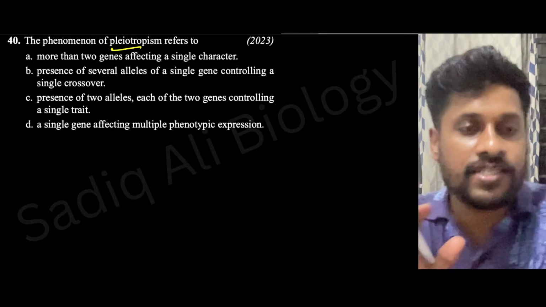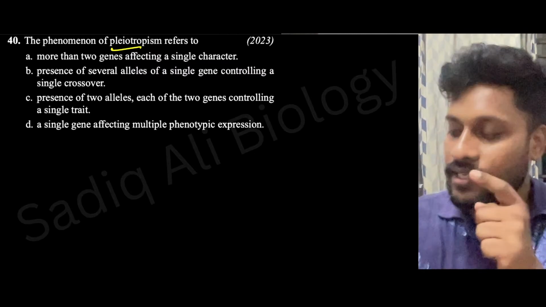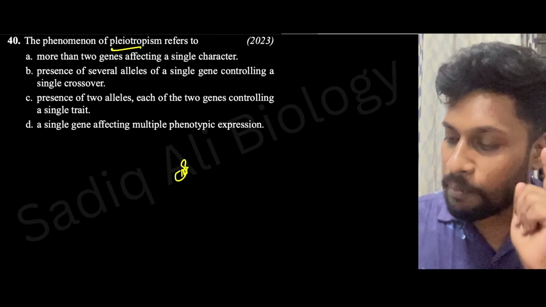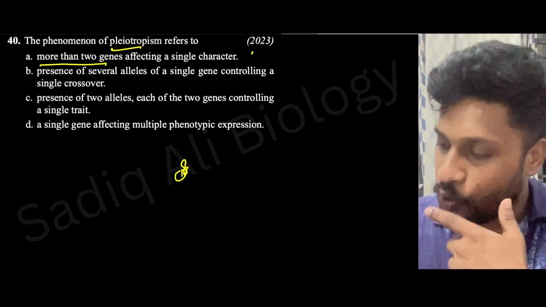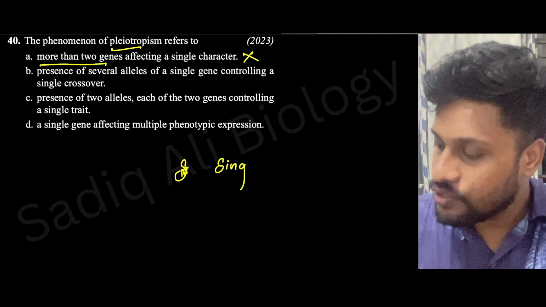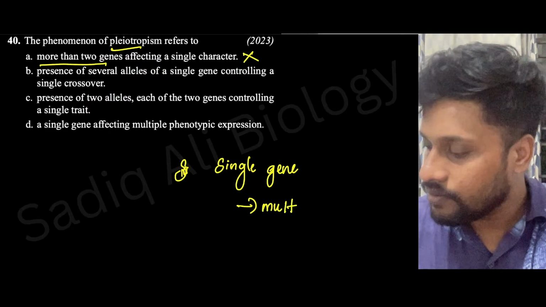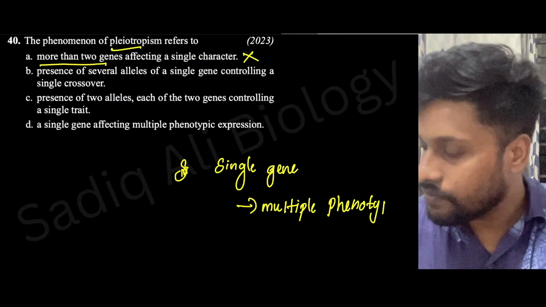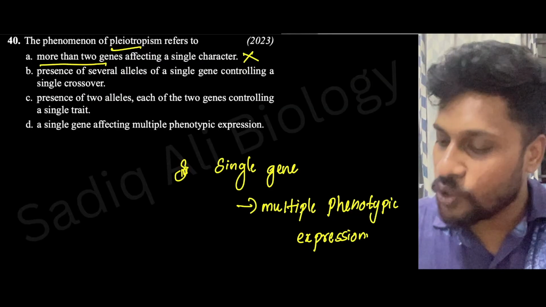Always remember, pleiotropy means a single gene responsible for multiple phenotypic expression. This is called pleiotropy. So more than two genes, wrong.